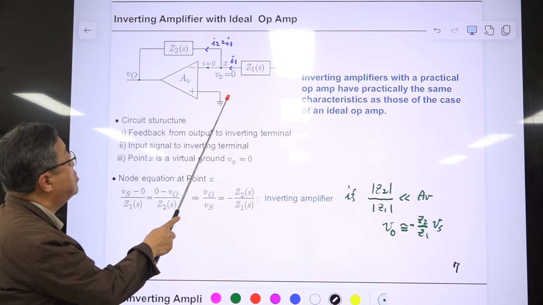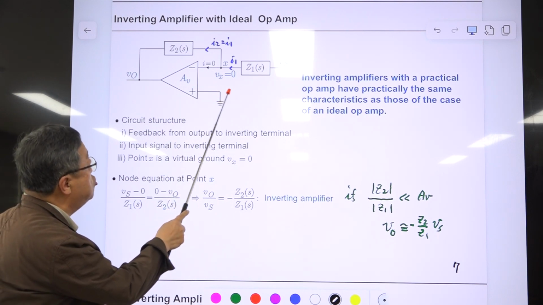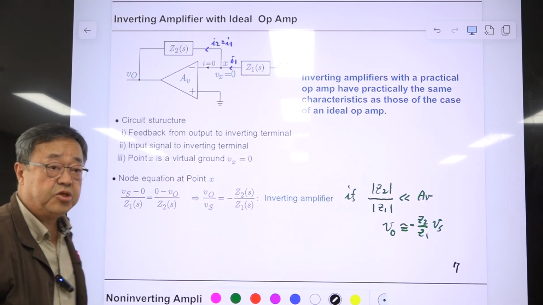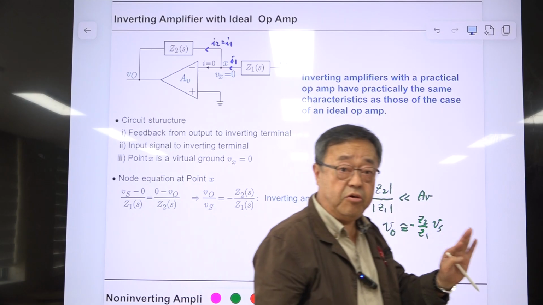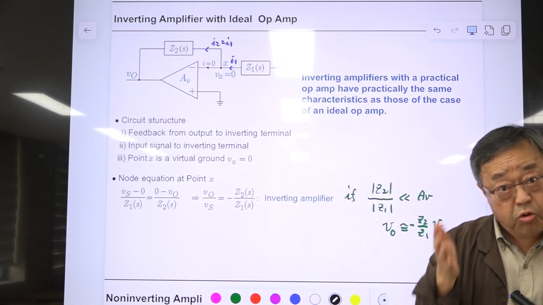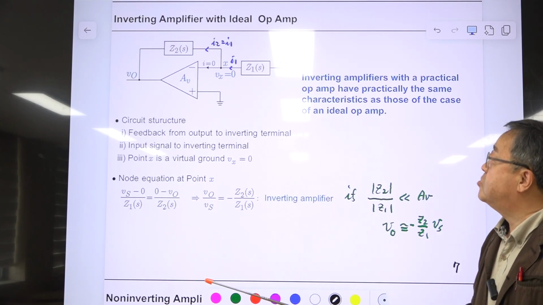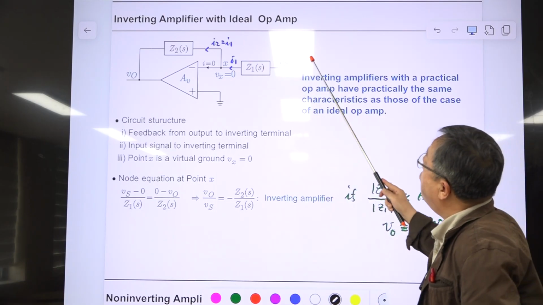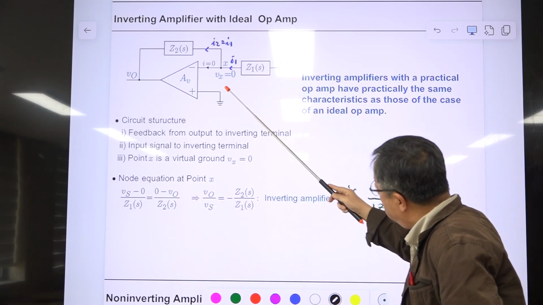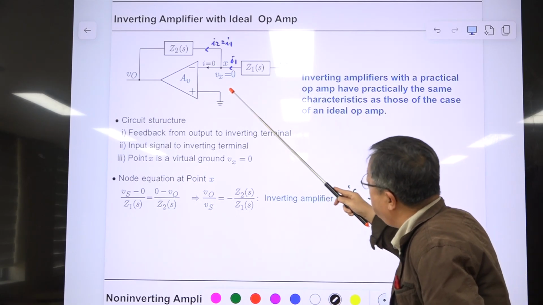Now you consider the other input connected here, with this grounded. Then you have a non-inverting amplifier configuration, you get the result of that, and you combine the 2 results together. That is the response of the amplifier to whatever input is connected at each terminal.